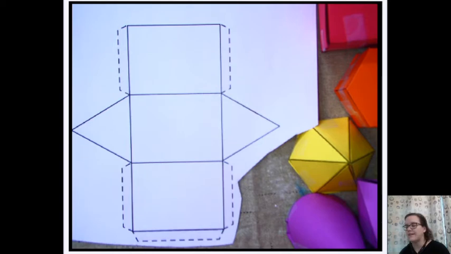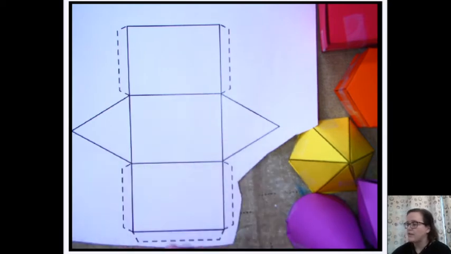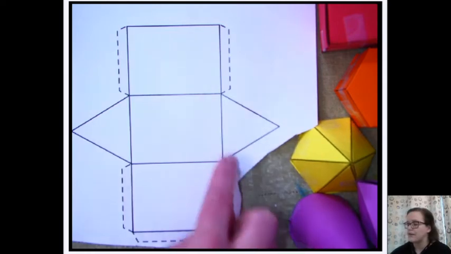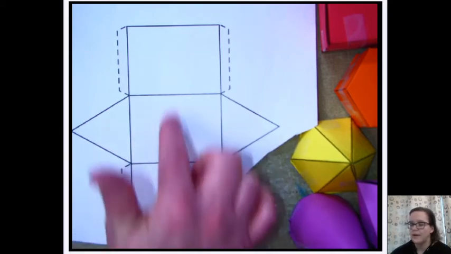So here we have rectangles and triangles. So it could be both possibly, but we need to look at what we have closer. Okay, so here I have 2 triangles, and those could be the bases. Do we have enough rectangles to make up the sides? Okay, well, I would have to have a rectangle for each side of the base. So here, yes, I have 2 triangles and 3 rectangles.